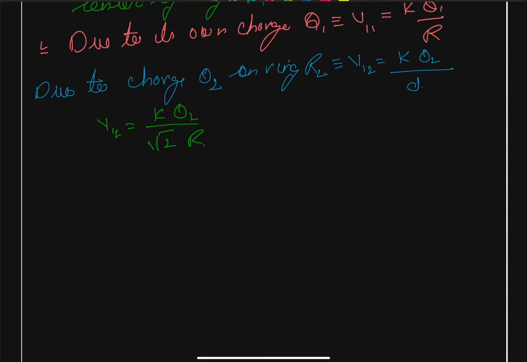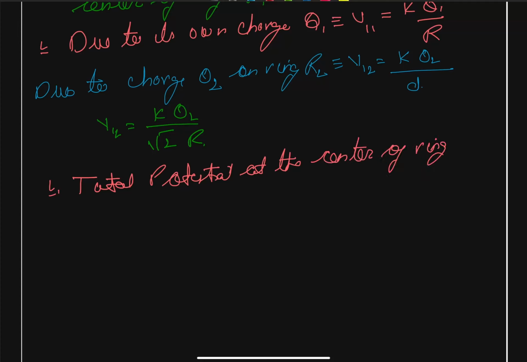So we can say that total potential at the center of ring 1, let us call this V1.